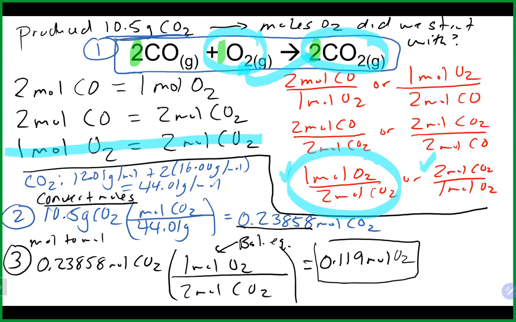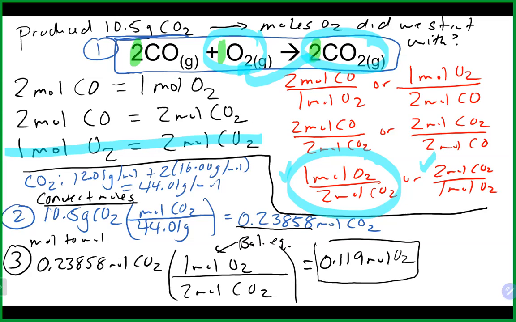What this really means in reality is if we did this reaction and we produced 10.5 grams of CO2, we had to toss in there basically 0.119 moles of O2, which, by the way, is about 3.8 grams of O2 would have been tossed into there.